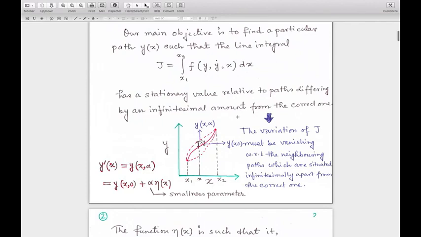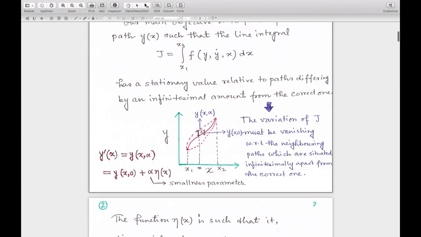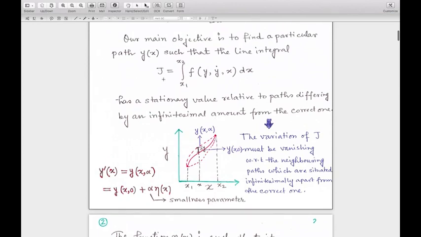Now we have to understand that this red solid line is that function of x which gives us the stationary value of J. Stationary can be maximum or minimum, any extremum value. Another way of saying this mathematically is that the variation of J must vanish with respect to its neighboring paths.